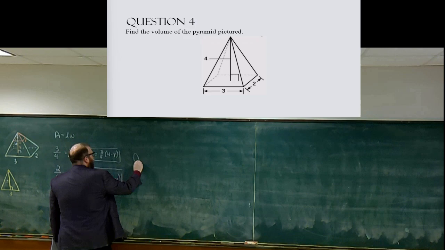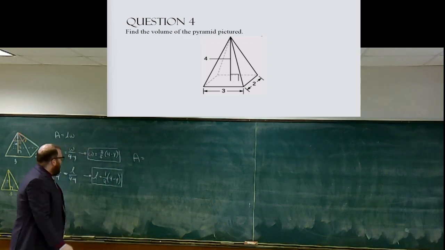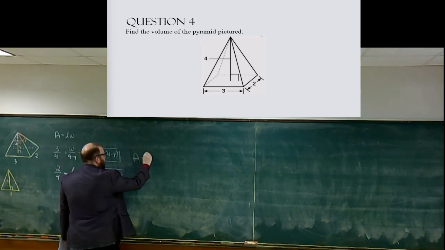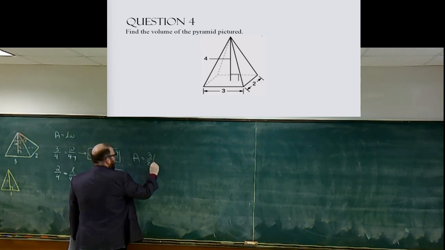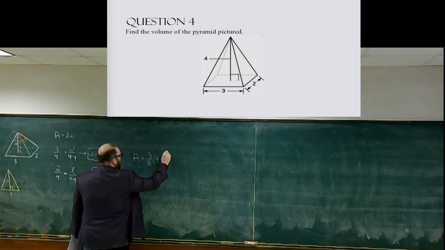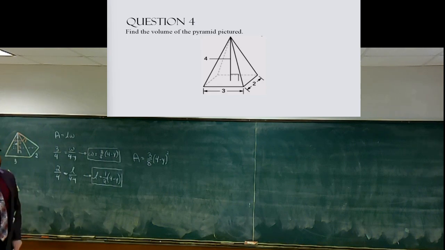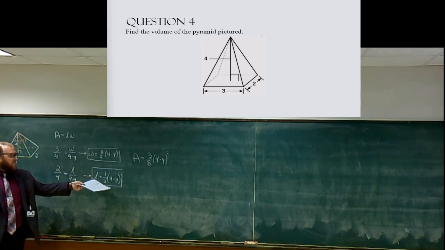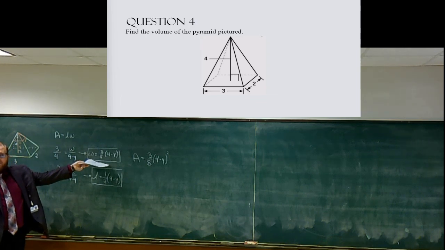Our cross-sectional area is (3/8) the quantity of 4 minus Y squared. Right? It's L times omega.